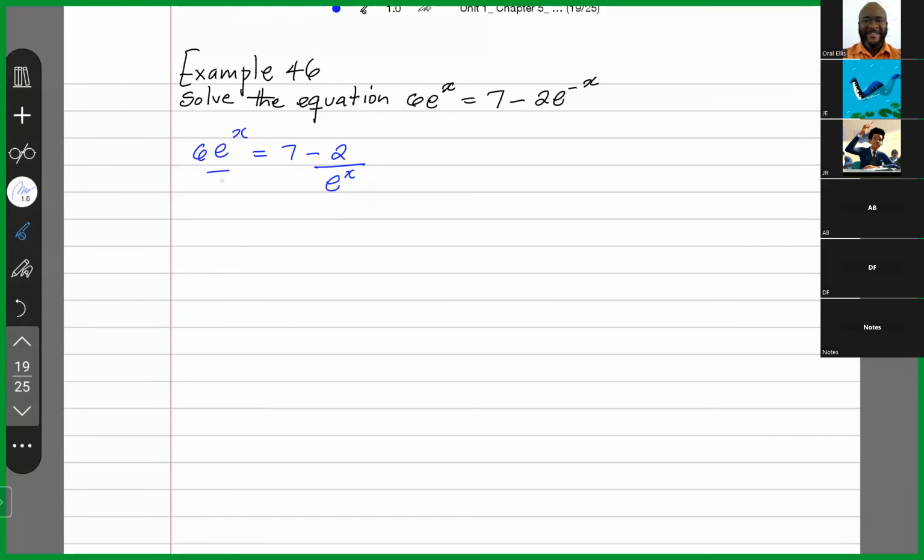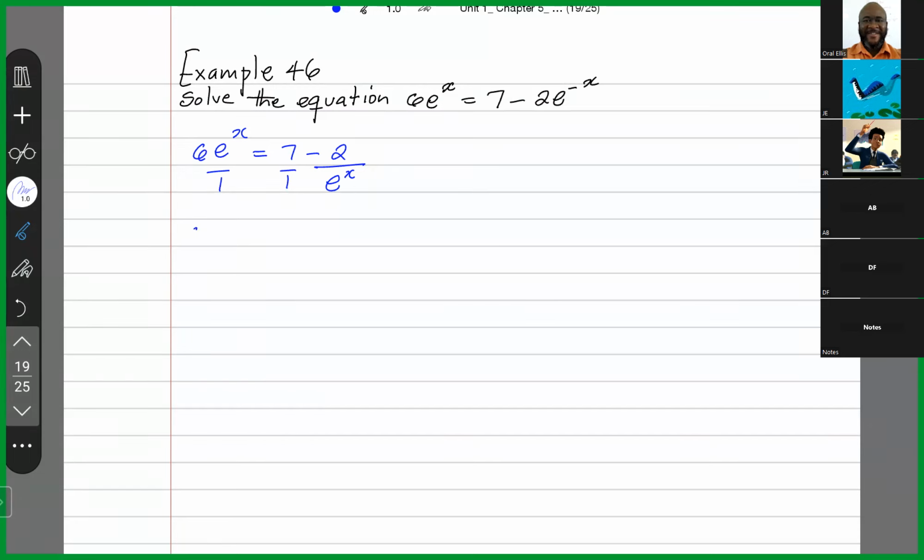So the next thing I'm going to do is get rid of the fractions. One way to do that is to multiply the entire equation by the LCM of the denominator. Now, the LCM of the denominator is e to the x. So I'm going to multiply the entire equation by e to the x.